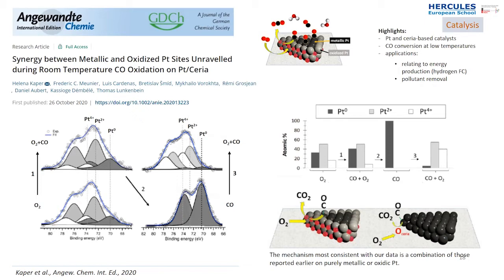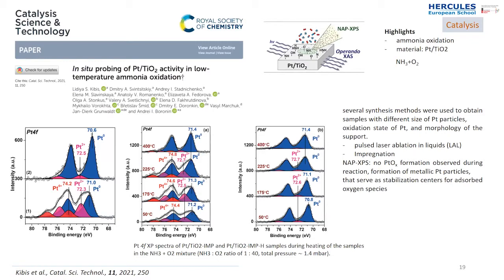So this group, together with a combination of other techniques, including NEXAFS, near-edge X-ray absorption fine structure spectroscopy, found out that PtO is quite important and is crucial for the CO oxidation in this type of catalyst, platinum on cerium dioxide, or cerium oxide. Another group is also dealing with catalysis, but not for the CO oxidation, but for ammonia oxidation.